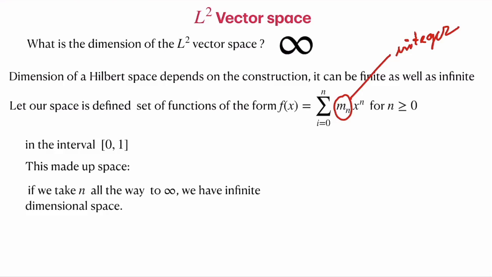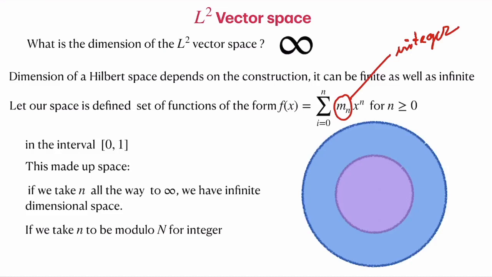It's an infinite dimensional vector space. On the other hand, we can restrict n to be modulo N, where N is some integer, then we find that it is a finite dimensional vector space. Modulo N is basically you restrict the number from 0 to capital N minus 1, so that whenever it exceeds, you divide it by capital N and use the remainder.